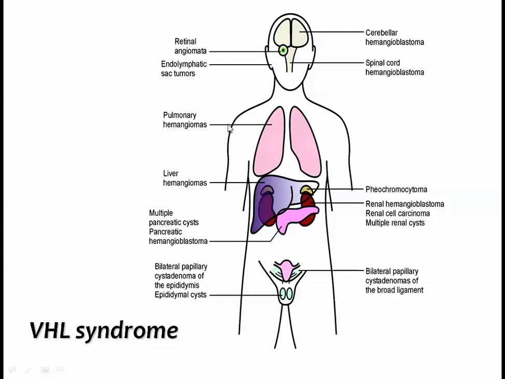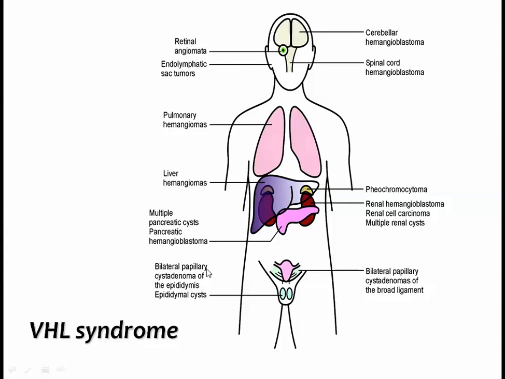Then you get multiple pancreatic cysts or pancreatic hemangioblastoma, and in the suprarenal gland, you may get pheochromocytoma, renal hemangioblastoma, or renal cell carcinoma, or multiple renal cysts. You get in the ovary or in the adnexa bilateral papillary cystadenoma of the broad ligaments, and in male patients you may get bilateral papillary cystadenoma of the epididymis and also epididymal cysts.